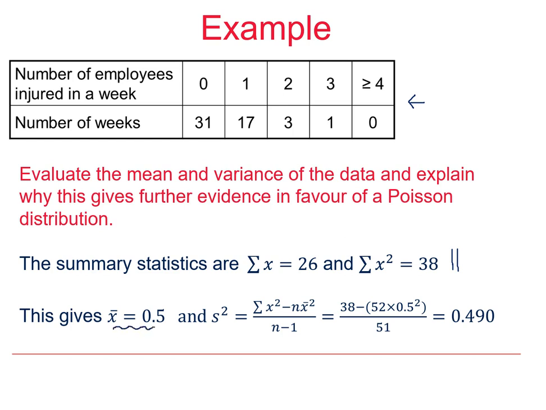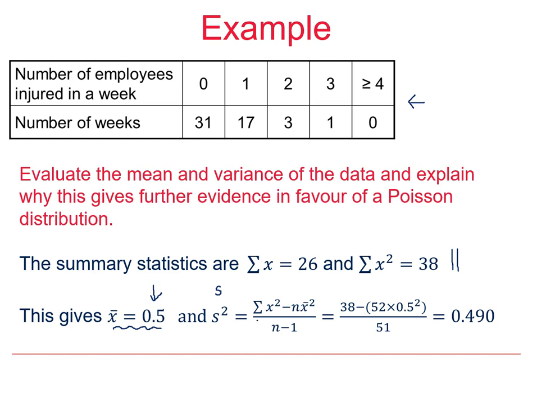The mean, and remember this is a sample mean, not the population mean, but it's going to give us a pretty good idea what the population mean might be. So we have the mean is 0.5 here. Then if we work out the sample variance, remember your calculator will give you the sample standard deviation, not the sample variance, so you'd have to square that result.